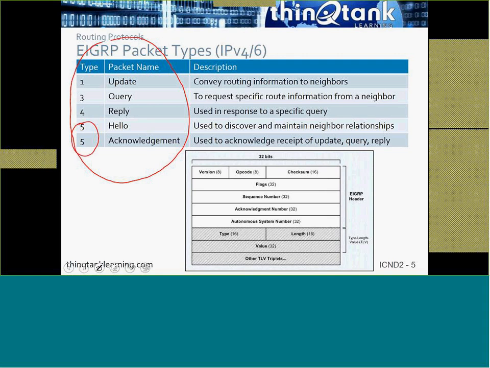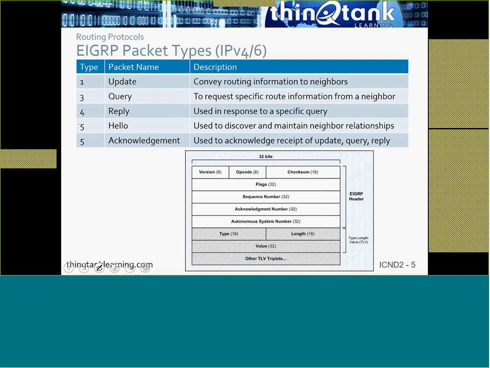Hello messages and acknowledgments have the same message type. Message type is actually a number that applies to the message itself. So there's a message type of 1, which is an update. There's a message type of 3, which is a query. There's a message type of 4, which is a reply. Message type of 5, which is a hello. And a message type of 5, which is an acknowledgement.